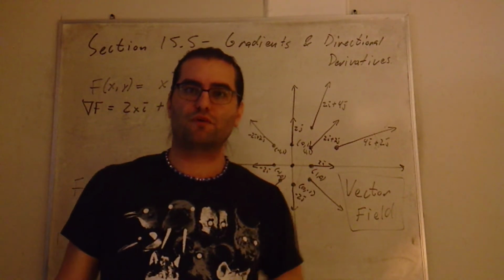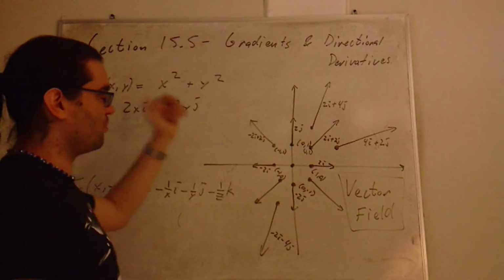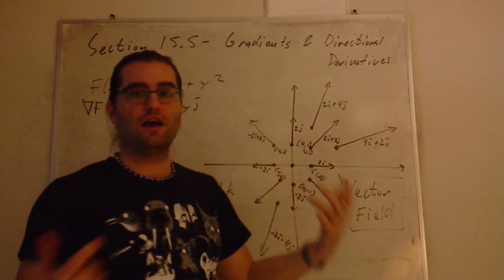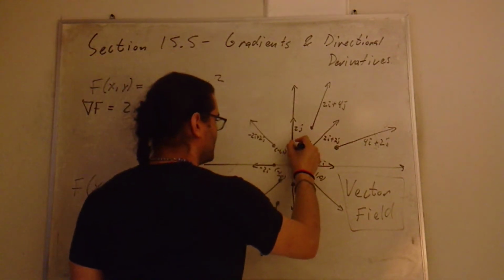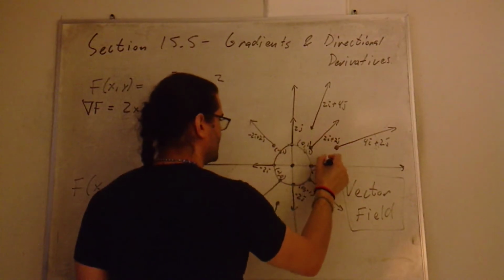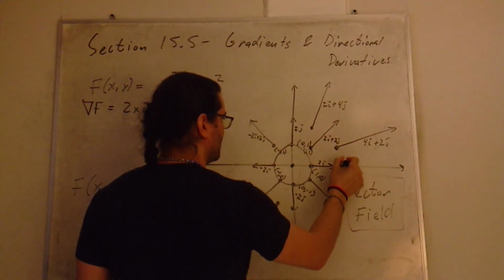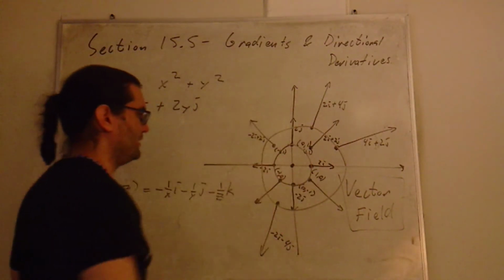The other very important thing to know, and sort of a consequence of the fact that the gradient will always point in the direction of steepest ascent, is that level curves are always perpendicular to the gradient.